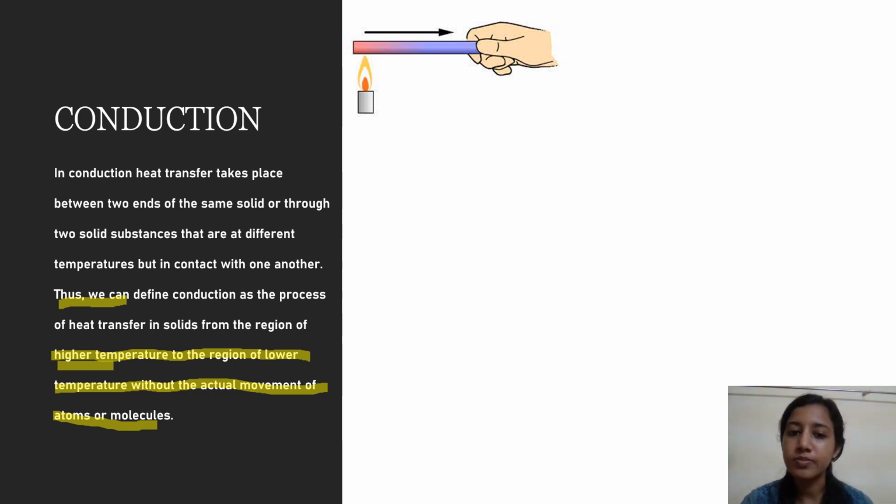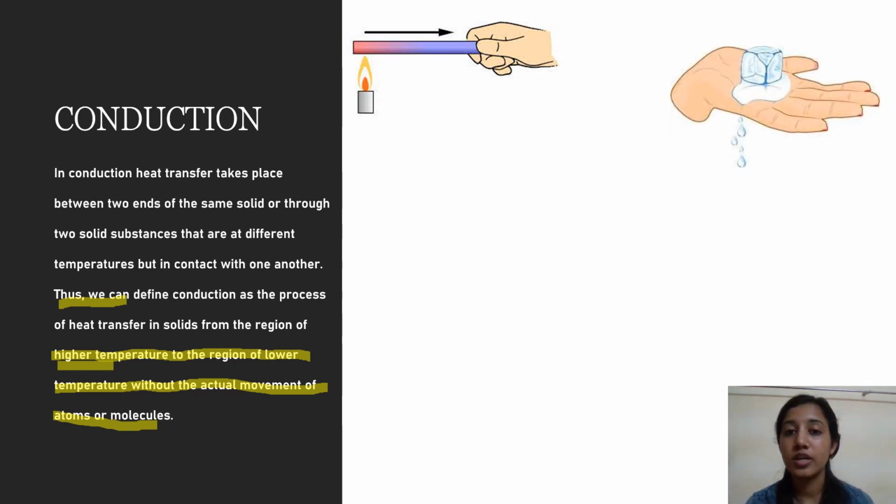This happens because the atoms at the end near the flame start to vibrate, and this is passed on to the atoms in the rod near your hand. So here the heat energy passes from the end near the flame to your hand.